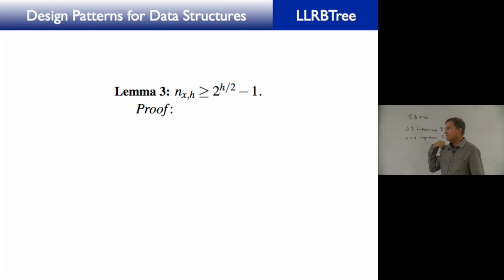This lemma 3 just comes from the two previous lemmas. What does it say? It says n(x, h) is greater than or equal to 2 to the h over 2 minus 1. Well, we'll start with n(x, h), the number of internal nodes of a tree rooted at x with height h.